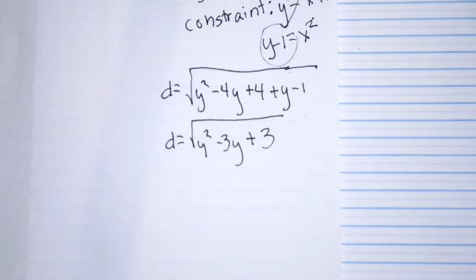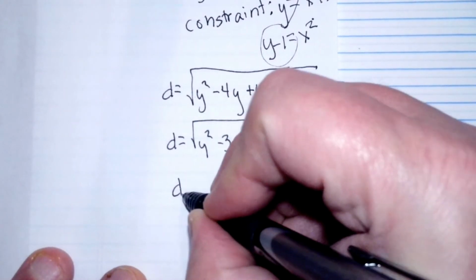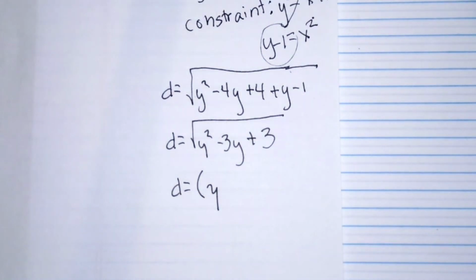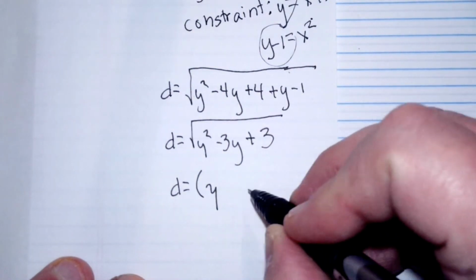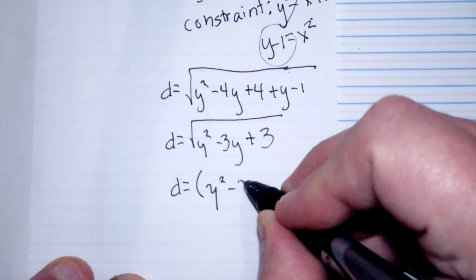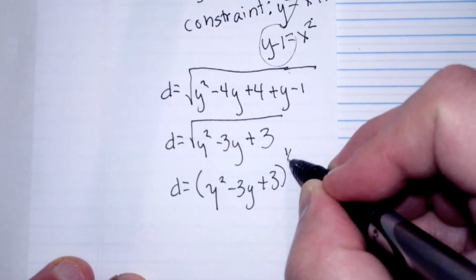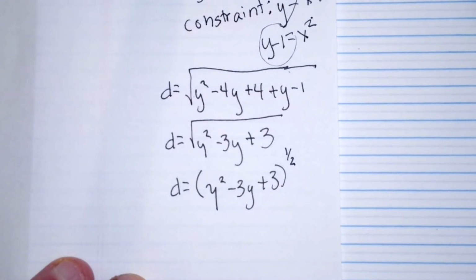All right, so let's go ahead and differentiate then. Pardon me, I'm going to rewrite this as (y squared minus 3y plus 3) to the 1/2.